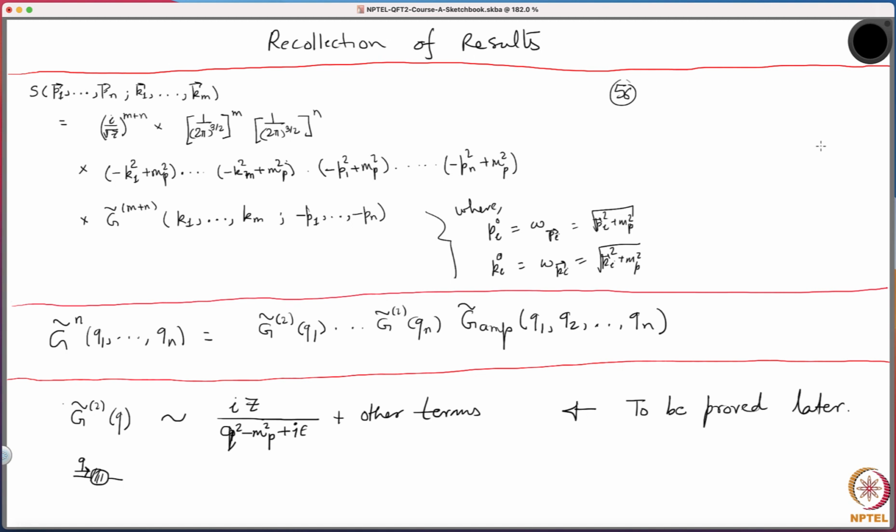Before we take up this function in a non-perturbative manner, let's just take this result and analyze this object in a perturbative manner. That's the plan.